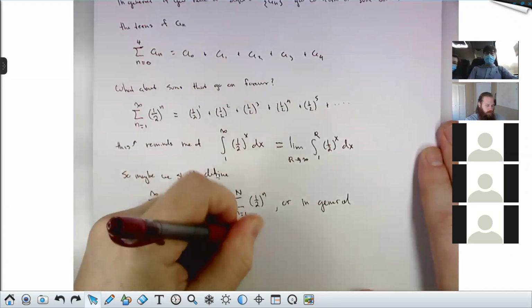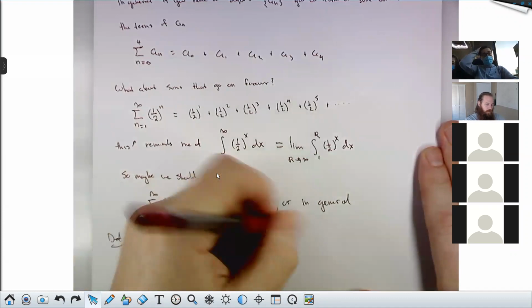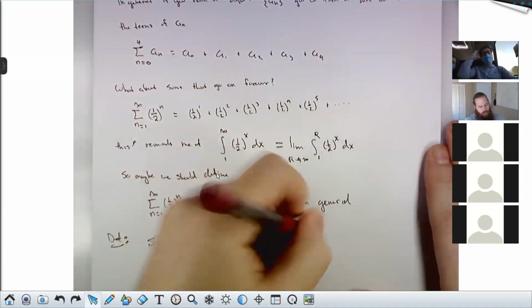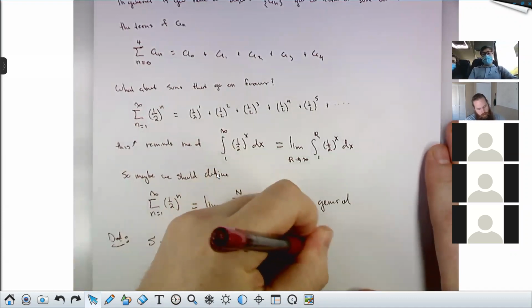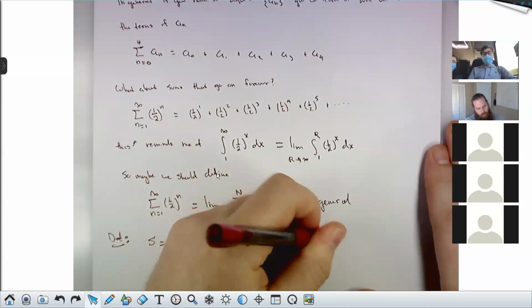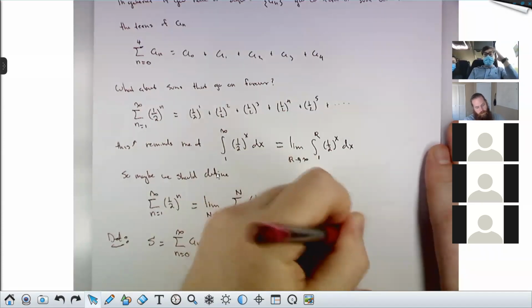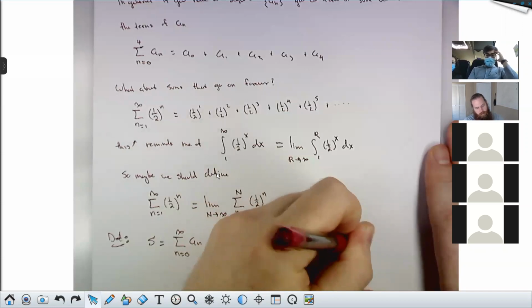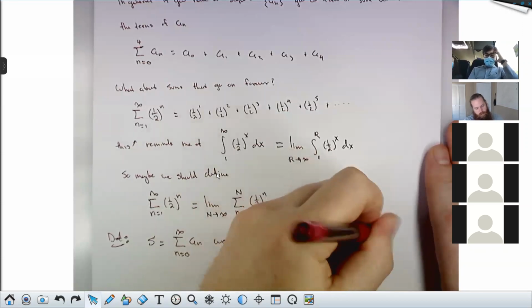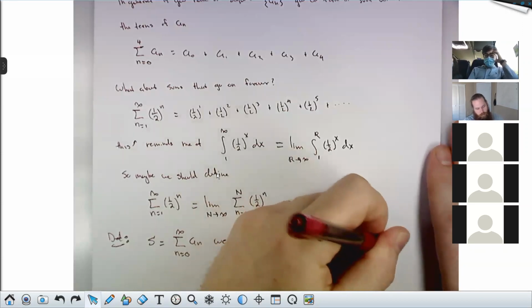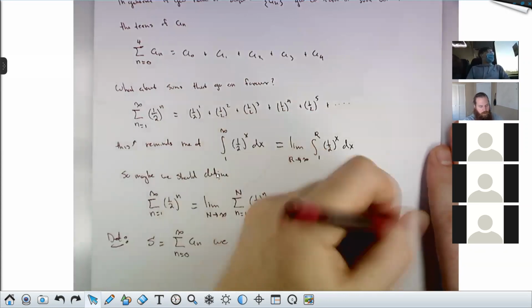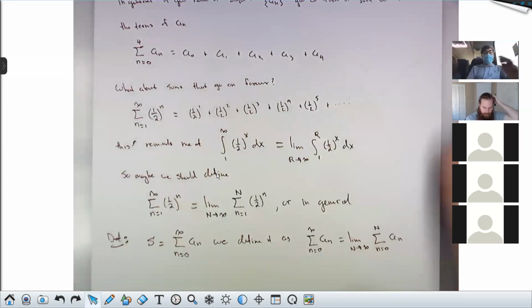We define it as: the sum from n equals 0 to infinity of a_n is the limit as capital N goes to infinity of the sum from n equals 0 or wherever to capital N of a_n.